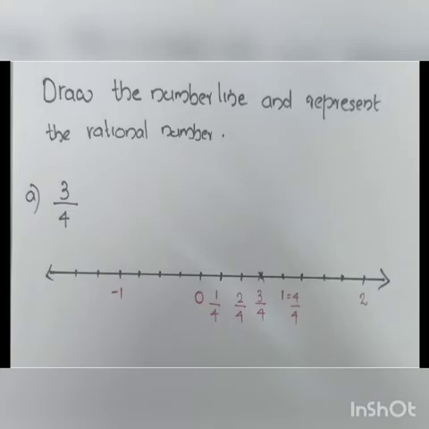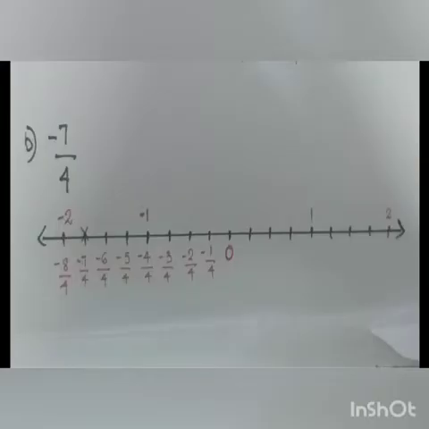Now, if you get another, for example, negative 7 by 4, here there is a negative sign, isn't it? When you get a negative sign, you know the negative numbers lie to the left of 0. So, you have to mark it over there. Now, the given fraction is 7 by 4 and it is not a proper fraction, it's an improper fraction.